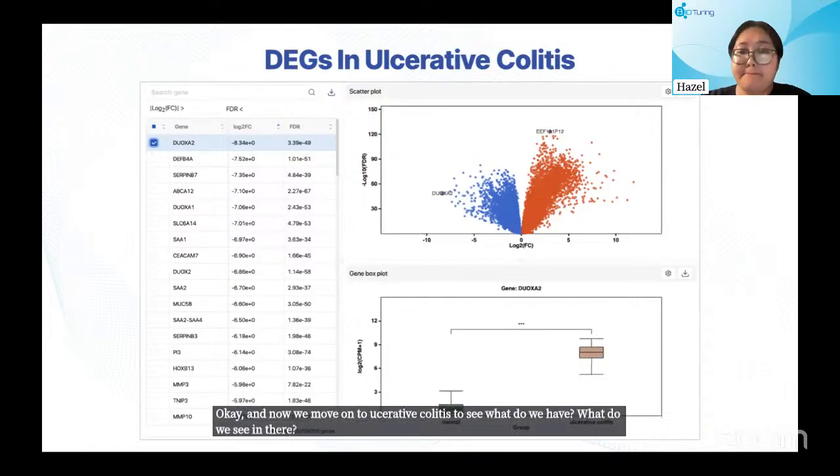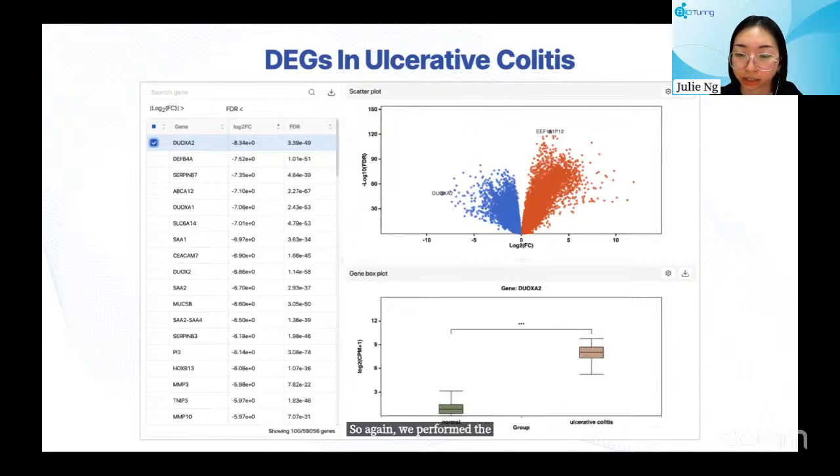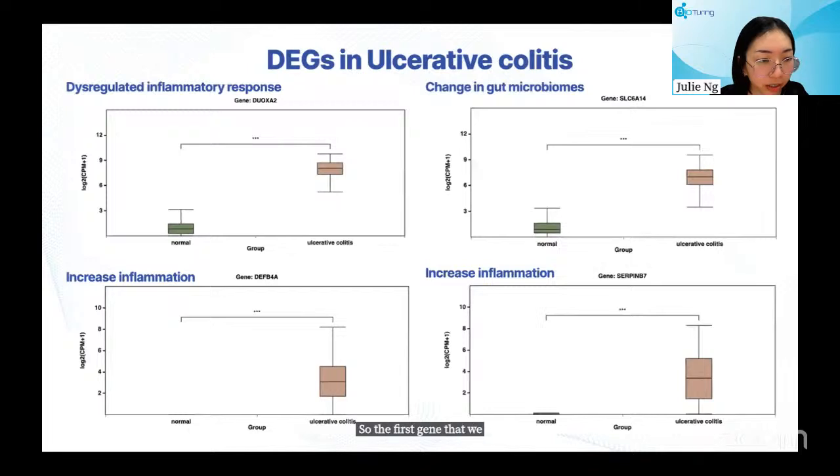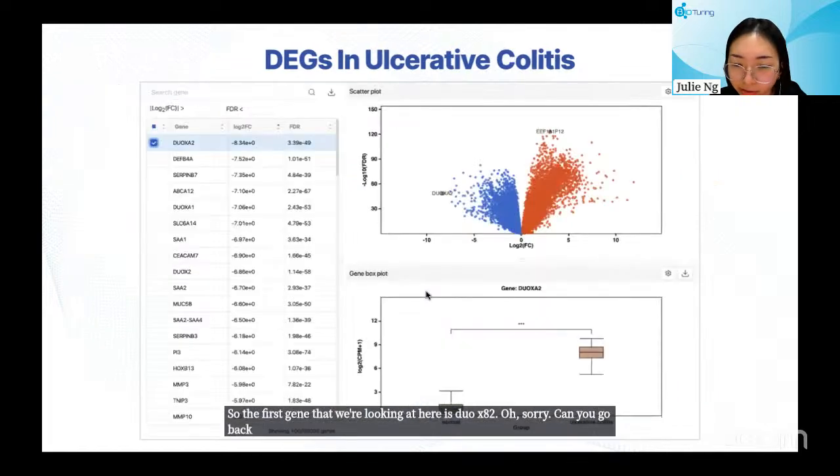Again, we performed the same DEG analysis in ulcerative colitis, and we were able to extract the top upregulated genes that were found to be more upregulated in our diseased group. The first gene that we're looking at here is DUOXA2. Oh, sorry, can you go back one slide, Hazel? Yeah, sure.